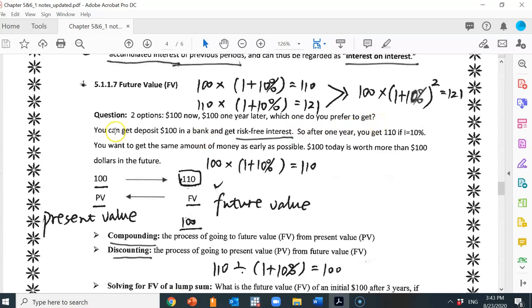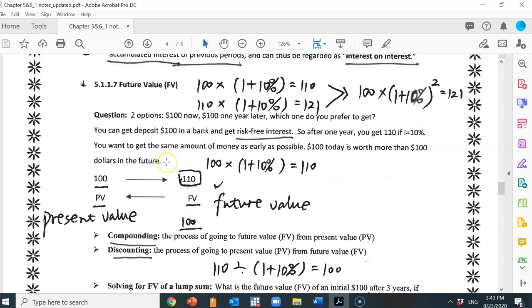You can deposit $100 in the bank and get risk-free interest rate today. So after a year, you get 110 if interest rate is 10%. You want to get the same amount of money as early as possible. $100 today is worth more than $100 in the future.